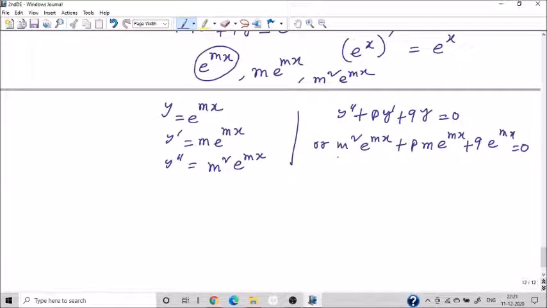Or that is m square plus pm plus q, into e to the power mx, is equal to 0.